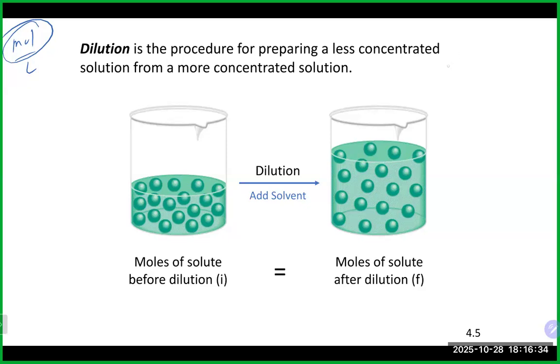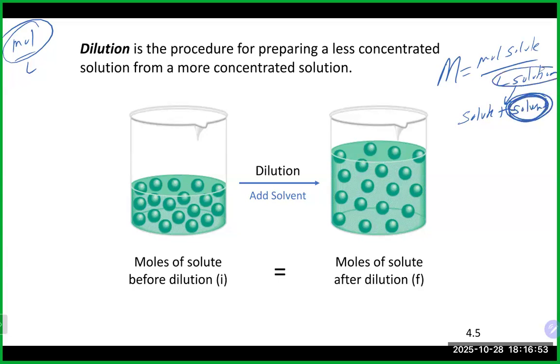If you think about molarity, which is moles of solute over liters of solution, when you add more solvent, remember a solution is made up of two things, the solute and the solvent, you're actually increasing the bottom value in the molarity. When you do that, the molarity decreases because now we have a larger number on the bottom divided by the same number up on top. Our molarity starts to come down.